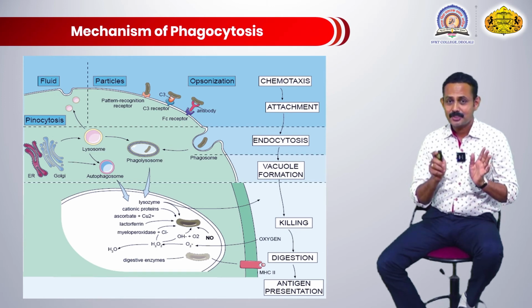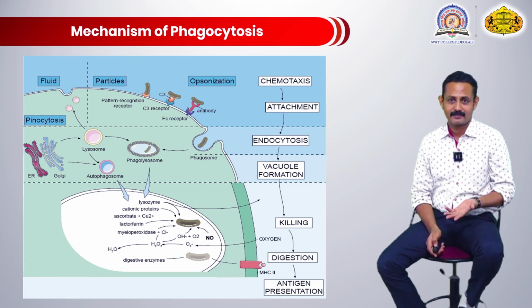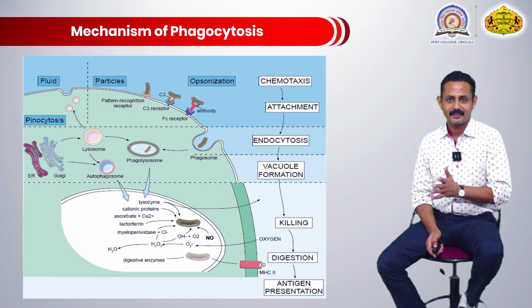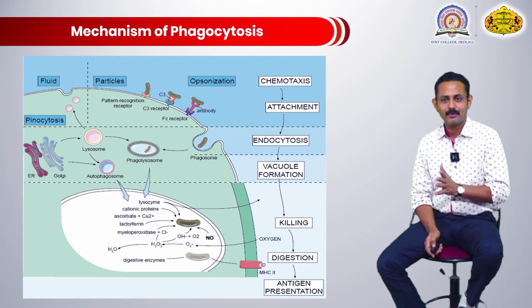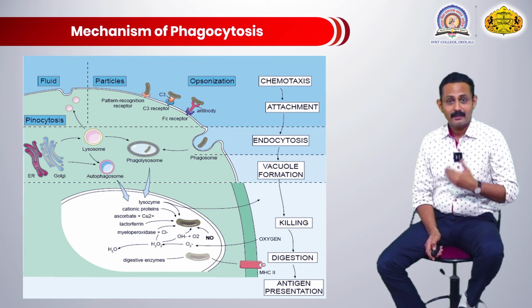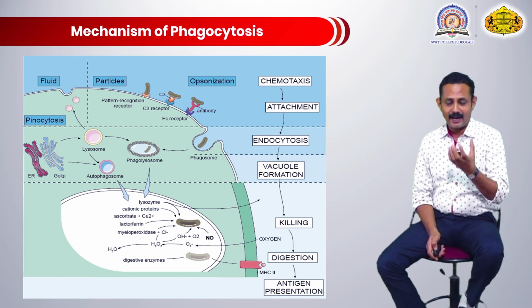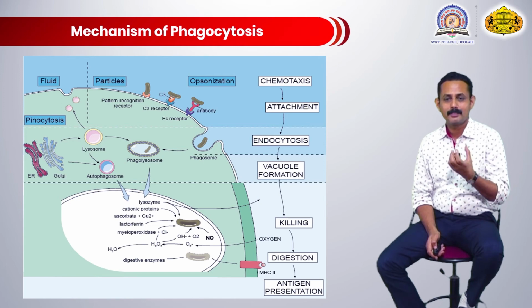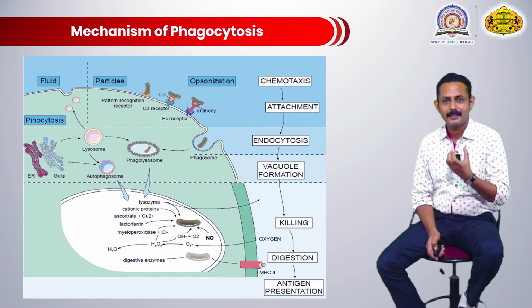Such a destroyed antigen, being inactive and harmless now, is either given outside by the process of exocytosis, or by another mechanism, the digested antigen is converted into a major histocompatibility complex type of peptide, called an MHC complex.